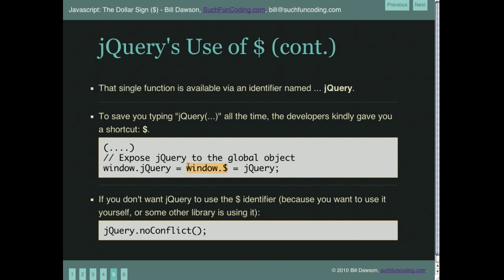You could either call it with window.$, but of course that would be typing too much and would defeat the purpose of this nice shortcut of having the $. So when you're typing code that's using jQuery, you can simply refer to it with the $. Now if for some reason you don't want jQuery to use the $ identifier, like maybe you're using jQuery along with Prototype and you want Prototype to use the $, so you want jQuery to give up the use of the $, you can use this method call inside of jQuery called noConflict. If you do that, then jQuery will relinquish its control of the $.